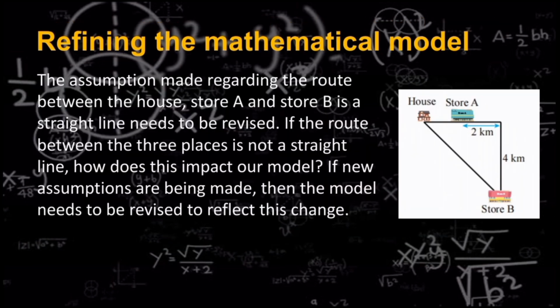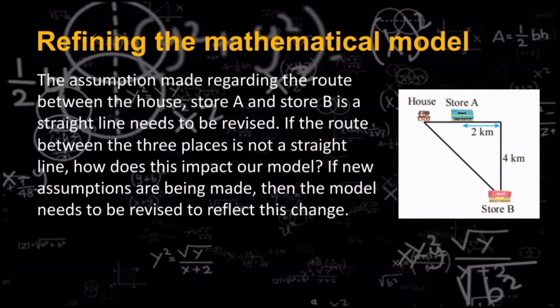Refining the mathematical model. The assumption made regarding the route between the house, store A and store B is a straight line and needs to be revised. If the route between the three places is not a straight line, how does this impact our model?